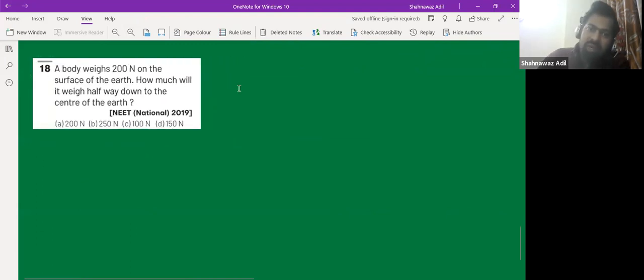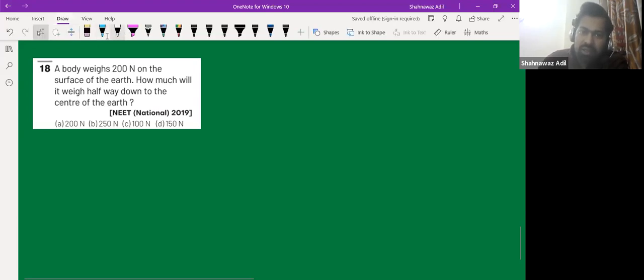A body weighs 200 Newton on the surface of the Earth. How much will it weigh halfway down to the center of the Earth? Right, so this is the question.